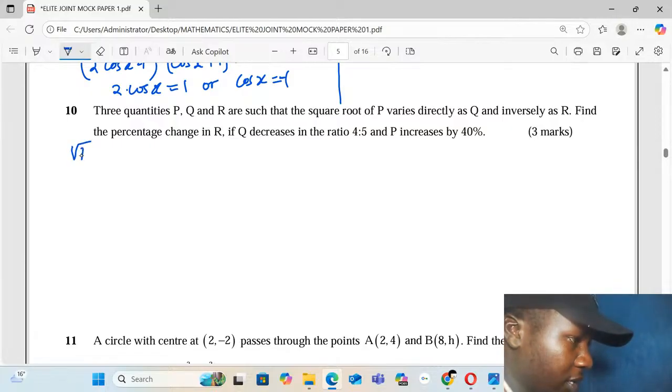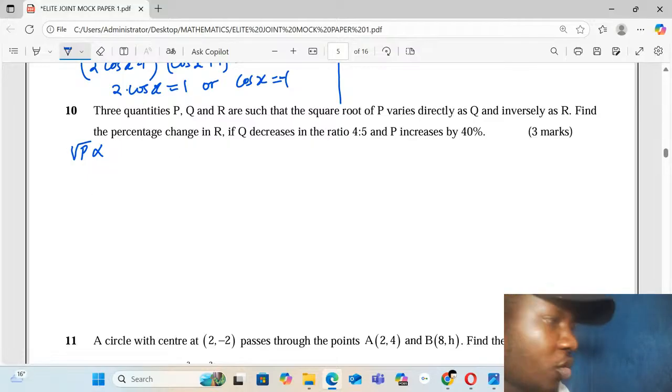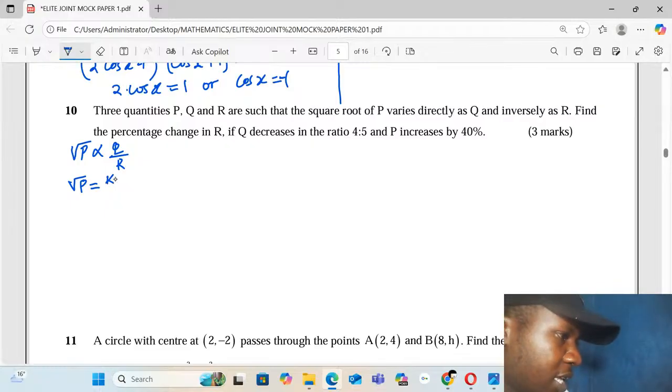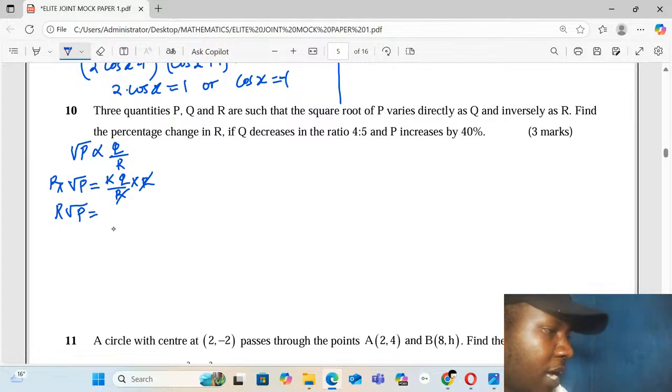They're saying the square root of P varies directly as Q, and inversely as R. So we can introduce the equal sign, and you introduce our constant K. So we shall have the square root of P equals KQ over R. We want to remain with R alone, so times R, so that R times the square root of P is equal to KQ.